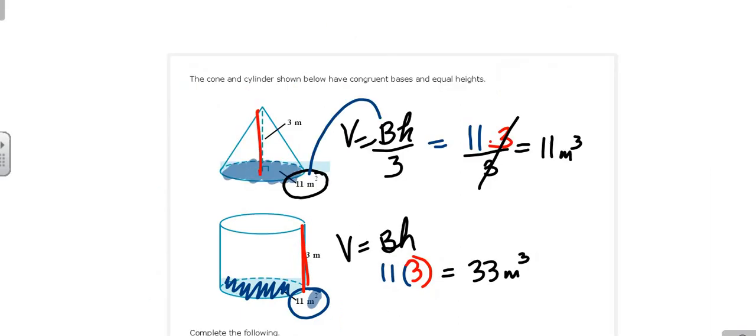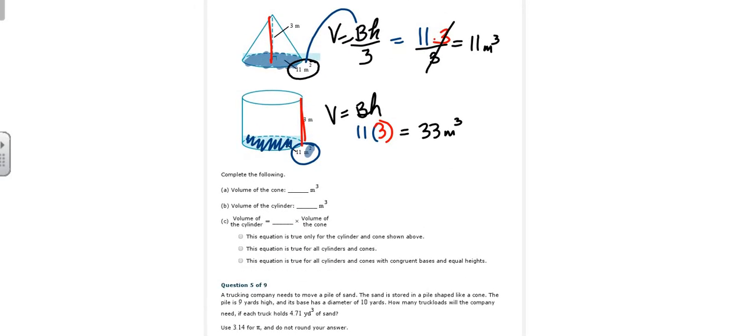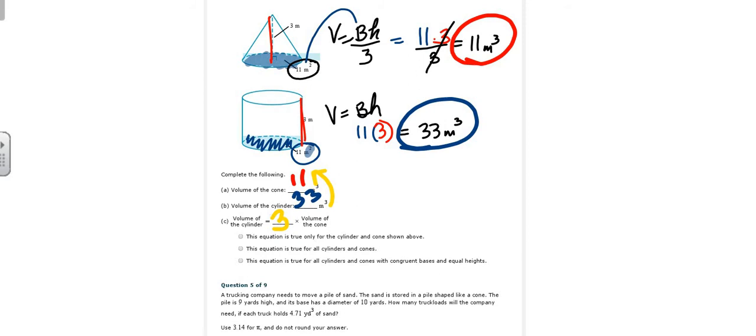So you're going to notice something here. Our volume of our cone is 11. Volume of our cylinder is 33. Therefore, the volume of the cylinder compared to the cone, you see, is 3 times the cone.